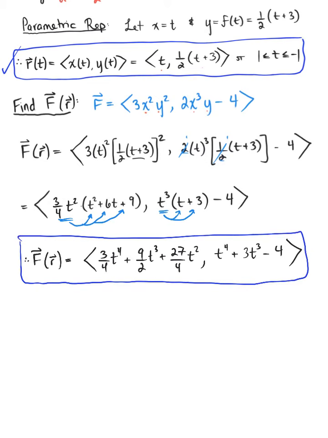The last thing that we need to do is find the tangent vector. And then we'll have all the components we need. So we want to find the tangent vector, r prime. So using the parametric representation of c we found above, we can see that our tangent vector, r prime, is going to leave us with 1, 1/2.